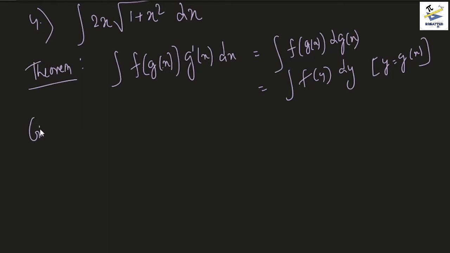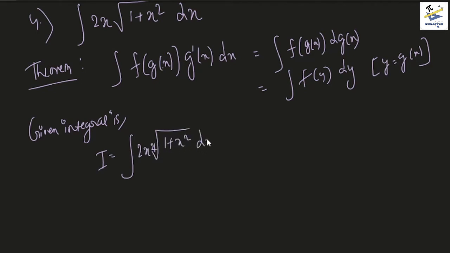So the given integral is I equals the integral of 2x into root over 1 plus x square dx, and we can substitute y equals 1 plus x square. Why are we doing that?